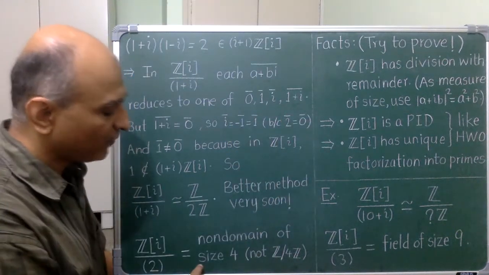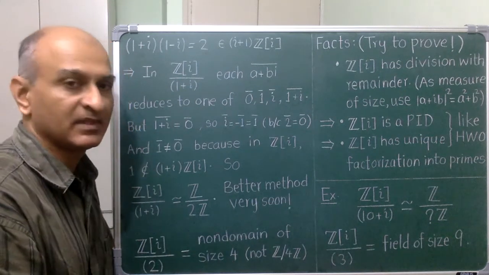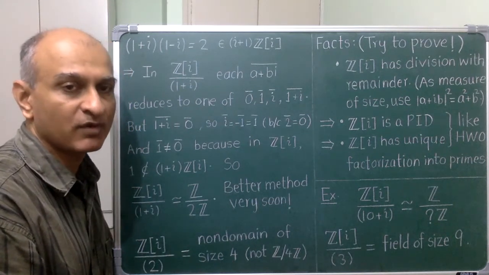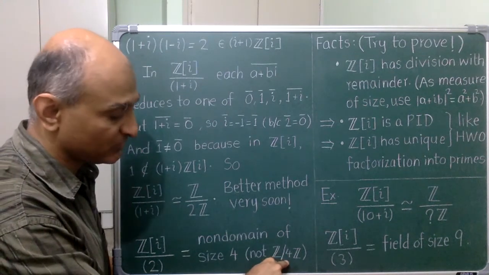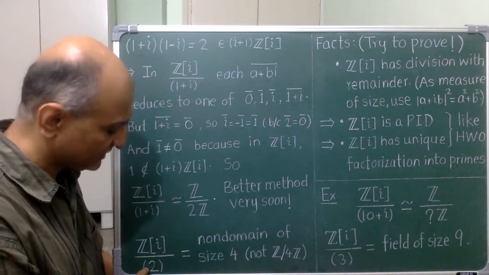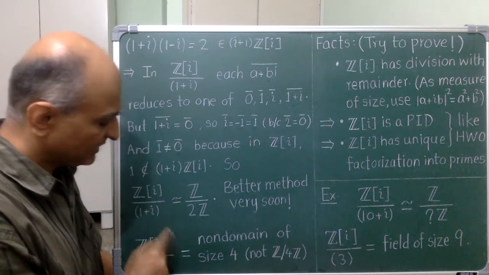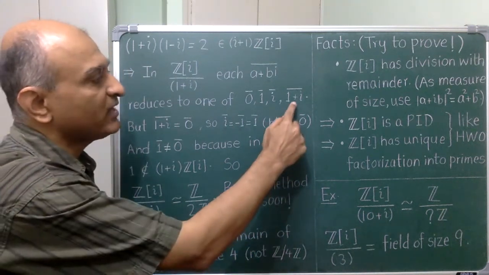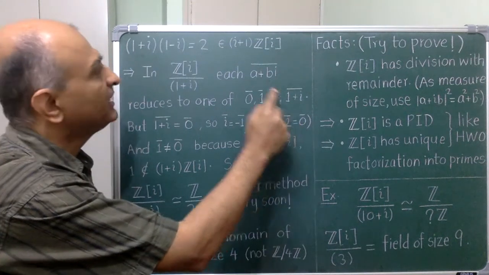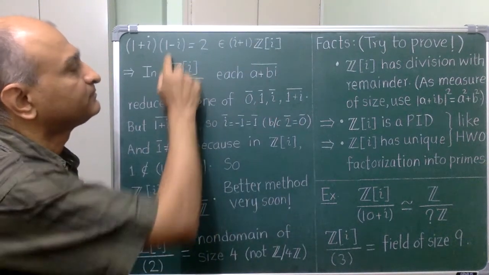So, I have obtained a 4-element ring. This ring is not isomorphic to Z mod 4Z because there 2 is non-zero, whereas here 2 is 0. Next, this ring is not an integral domain because the square of this element is 0, essentially from this equation.